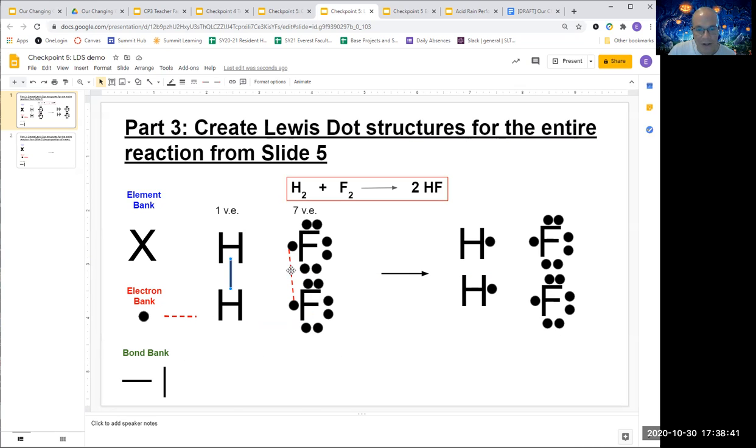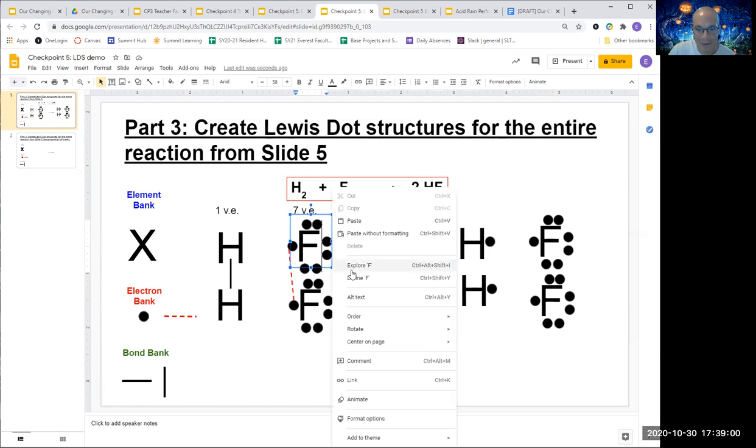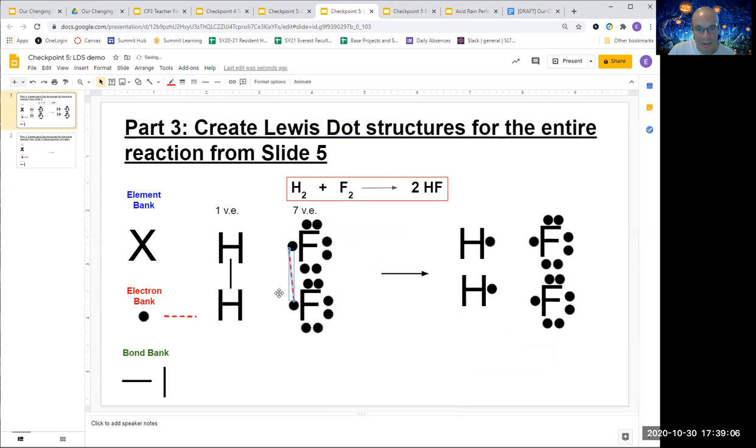For the fluorine here, it's a little bit tricky because of these non-bonding electrons. So I'm going to do something that you may or may not be comfortable with, just because I've been doing this for a long time, but hopefully it does not cause too much confusion. So I'm going to delete that.